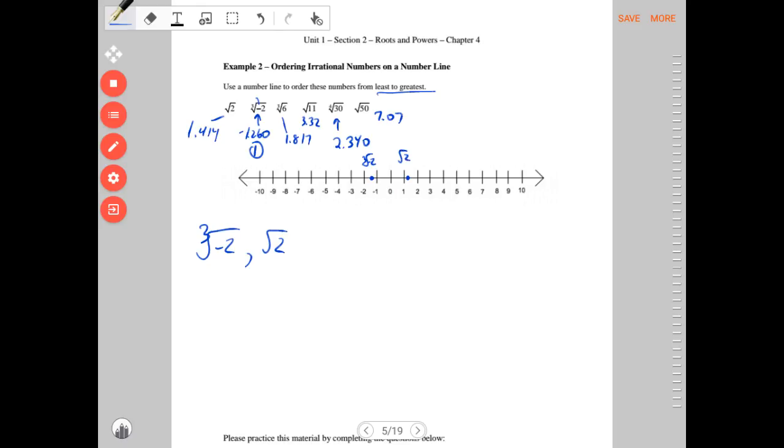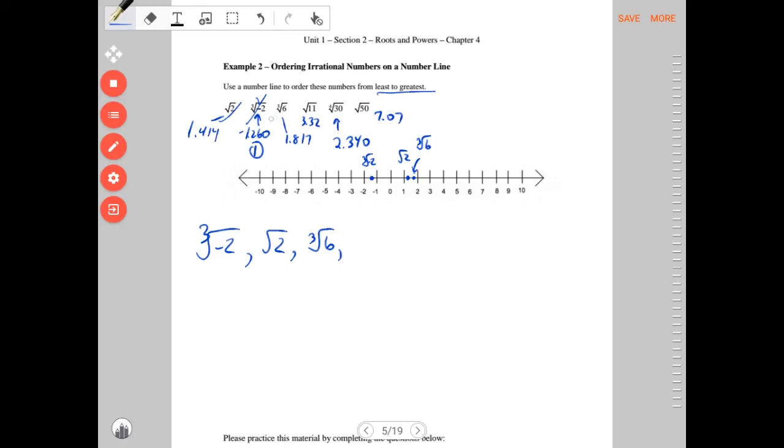Awesome. Okay, next up, so we got rid of those two. So we have 1.8, 2.3, and 3.3. So 1.8 is next. So that's the cube root of 6. So cube root of 6 is 1.8-ish, so that's about there. We'll just draw an arrow. Okay, so that's the cube root of 6.